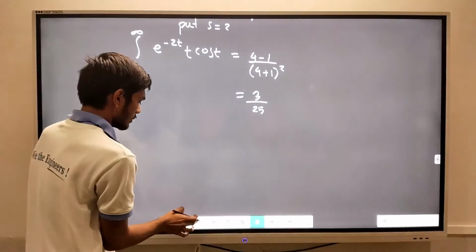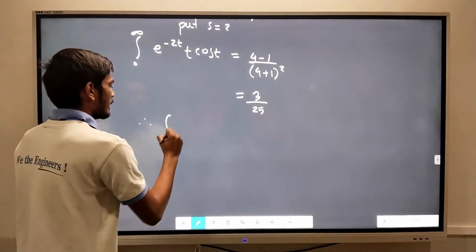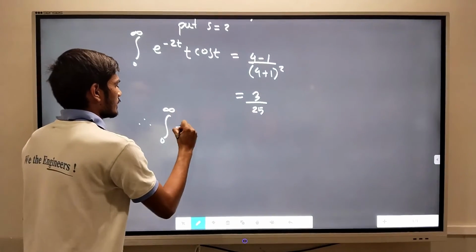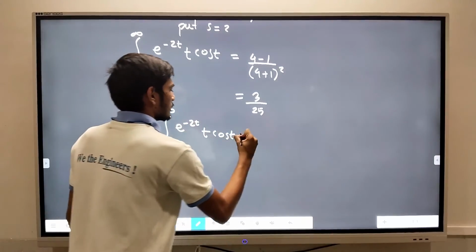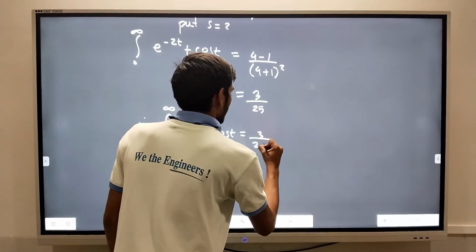So therefore the integration 0 to infinity e raised to minus 2t t cos t is equal to 3 upon 25.